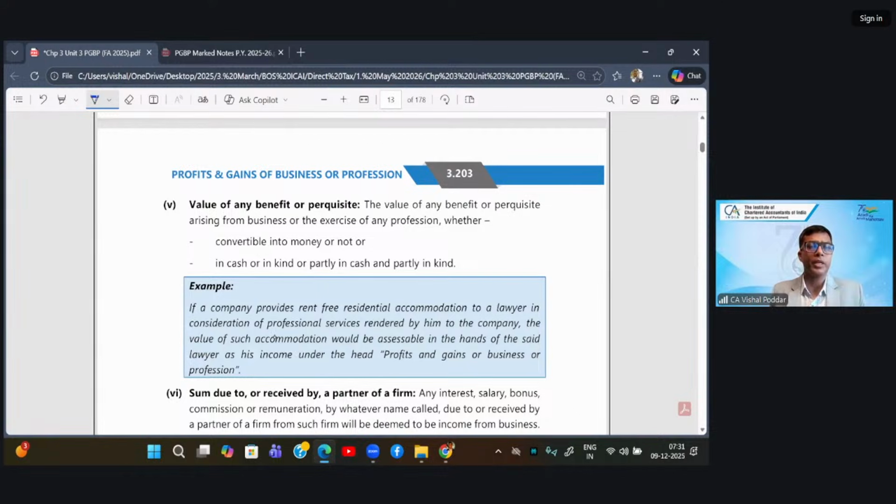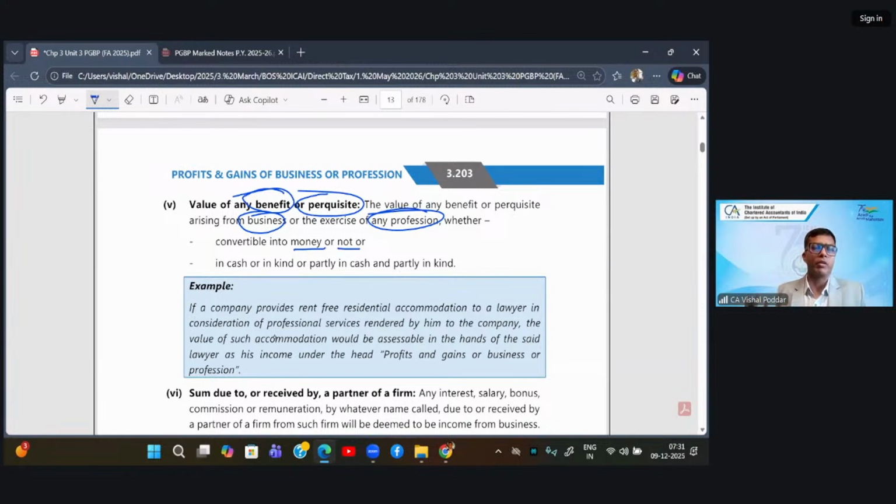Now, this is an interesting point. When you receive any benefit or any perquisite, so perquisite is like additional benefit, and this is arising from your business or profession, whether it is received in money form or not. So it may be received in kind.